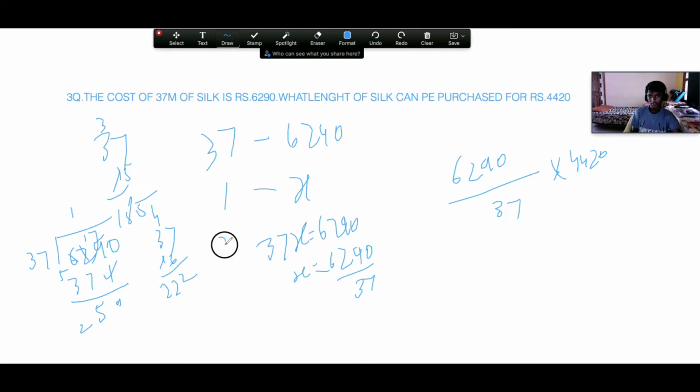So I think this is the last one. Let's see for 7. 7 3s are 21, 25. Yeah, 7 7s are 259. So 17.